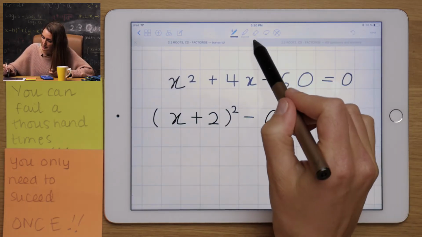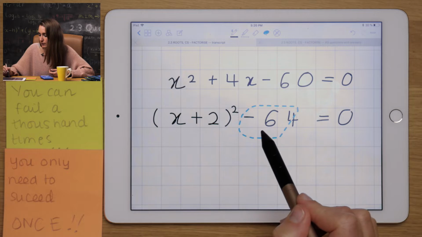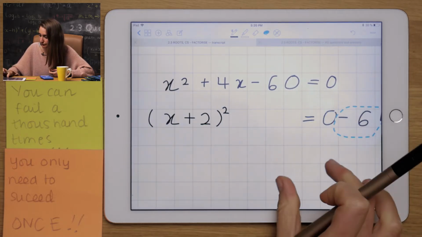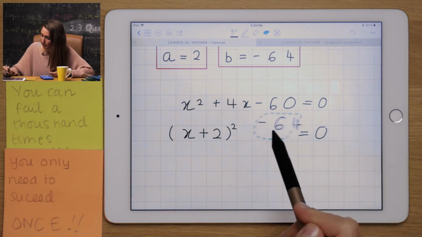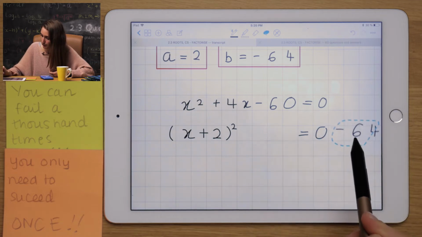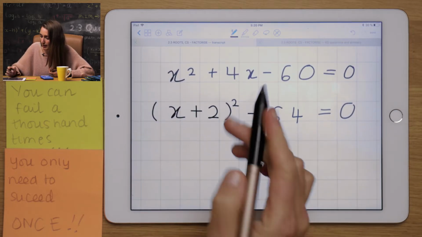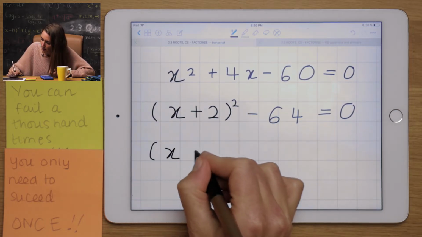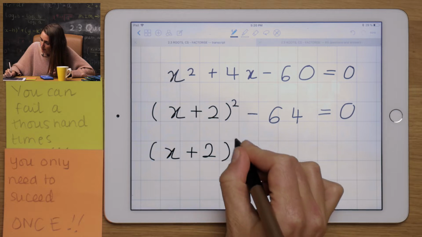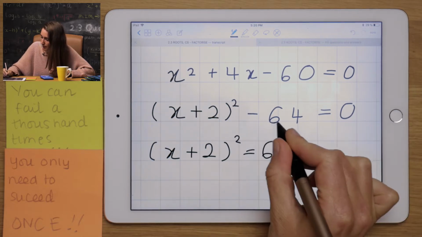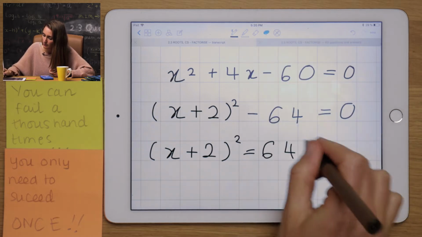I bring the minus 64 from this side over here, so it will become a plus 64. Remember, whenever a minus changes sides, it will become a plus. So 0 plus 64 is 64.